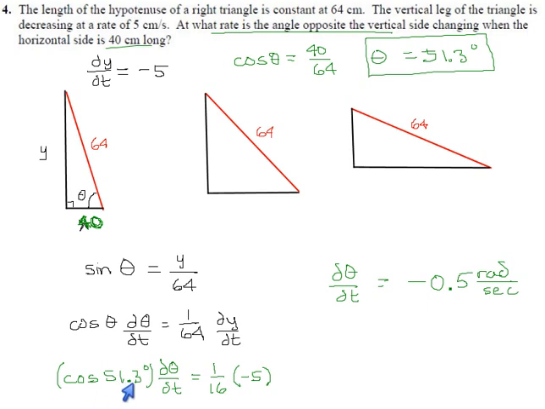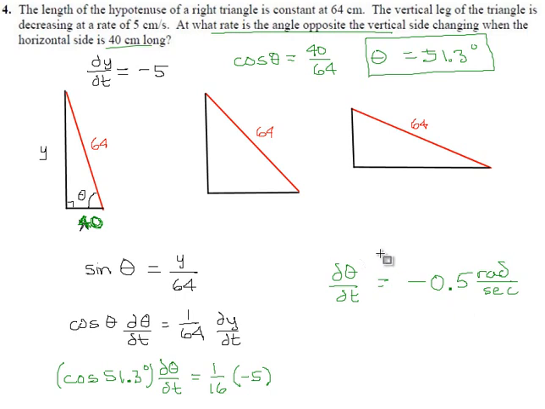It doesn't matter what form you put an angle into a calculator if you were using it inside a trig function. If you're doing sine or cosine or tangent of something, then you can use either degrees or radians as long as your calculator's in the appropriate mode. But when a number comes out of a formula like this, it will always be in radians unless you go out of your way to convert it.